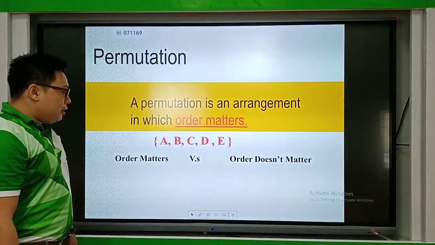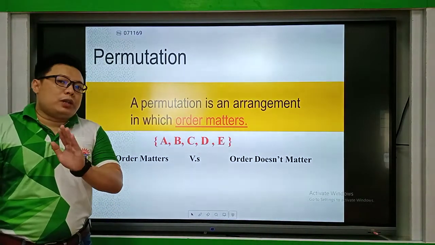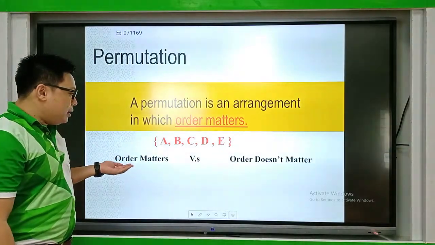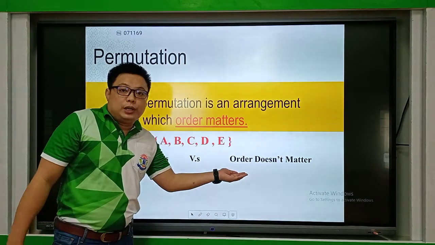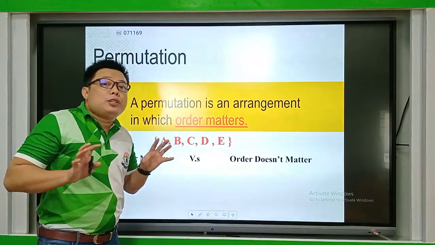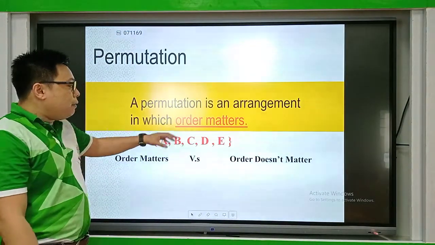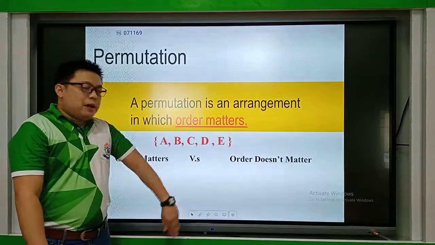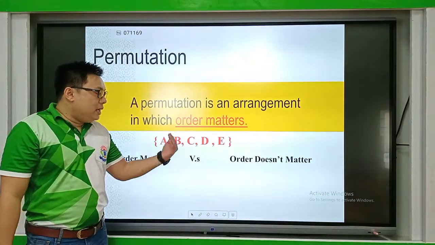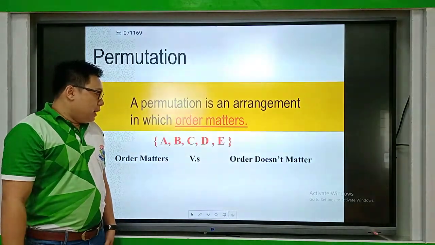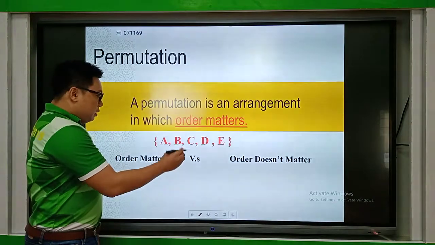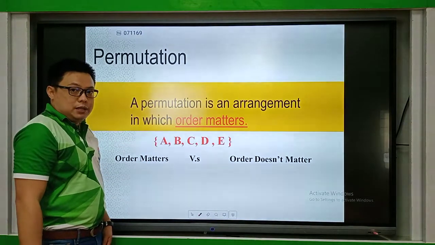Let's say I want you now to differentiate order matters versus order doesn't matter. So let's try to differentiate what it means to have order matters. Let's say I have 5 letters, A, B, C, D, and E, and we want to choose 3 letters out of it.